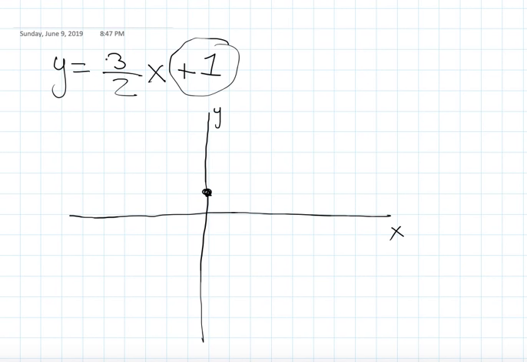Then we play with the slope, knowing that 3 is up and 2 is to the right. I'm going to go 1, 2, and 3, and 2 to the right. To form a line, I only need 2 points, so that will be enough. Wow, I drew a somehow decent line. That's how easy it is.